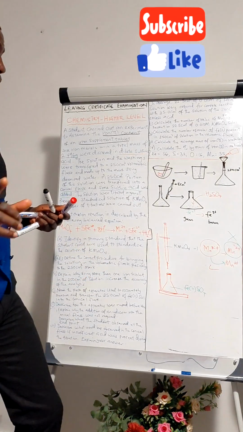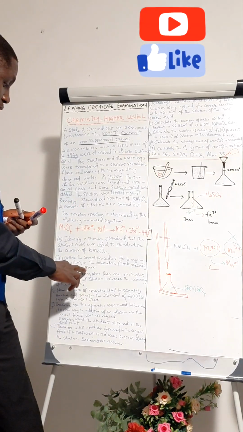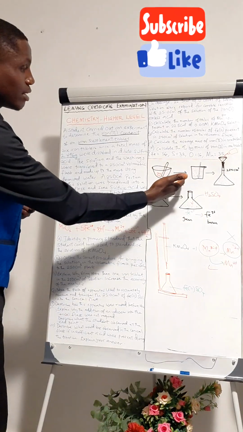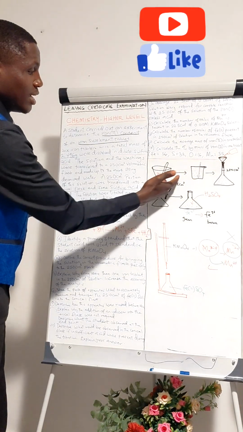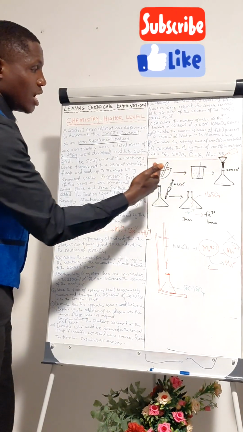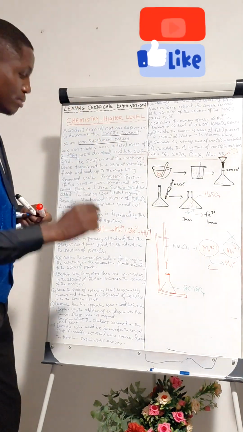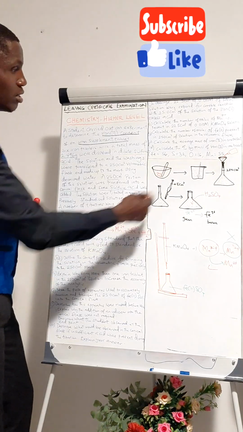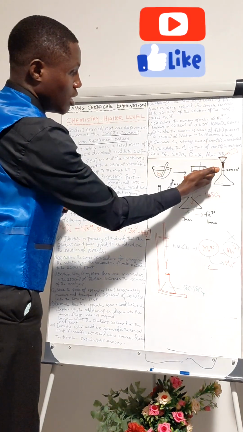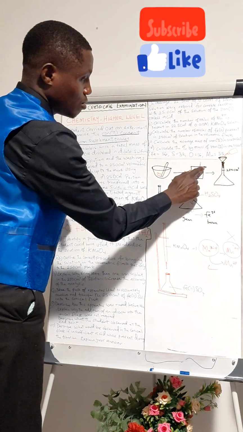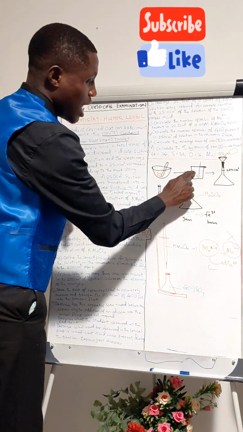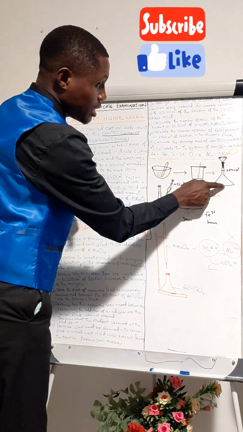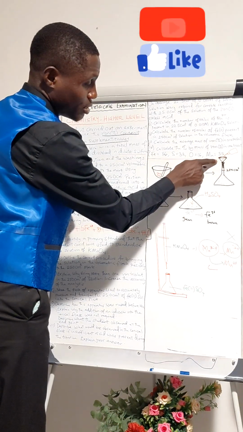After you have dissolved these tablets in sulfuric acid, the best way of bringing the solution into the volumetric flask is to use a funnel. Put the funnel in the volumetric flask, use your beaker to transfer the solution first, and then you can bring in your deionized water.